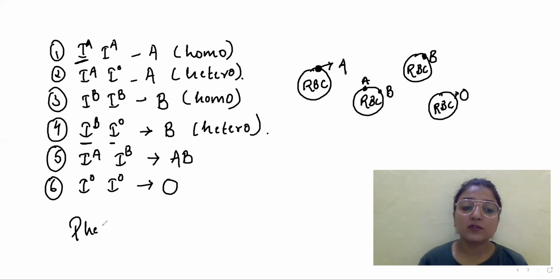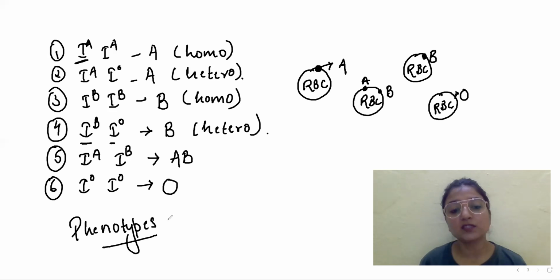Now, we will be discussing the phenotypes. Phenotype means physical appearance, but in the case of blood group, we say what kind of blood groups we can see in a human or the organism. So we can see A blood group.